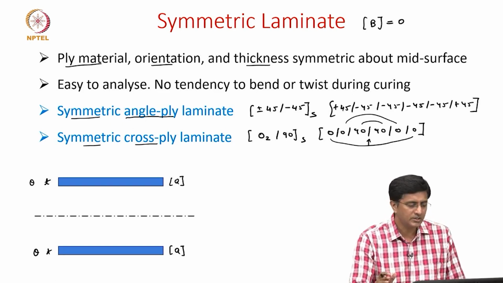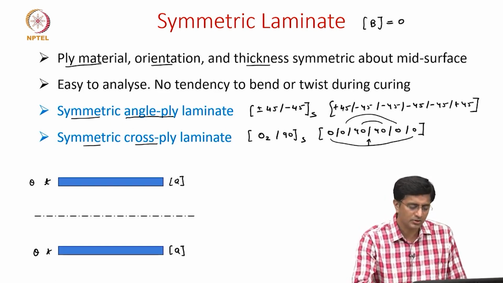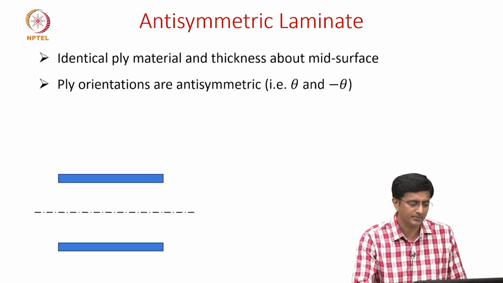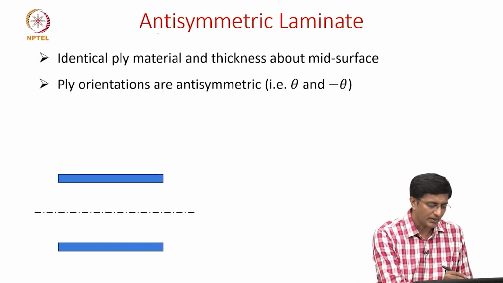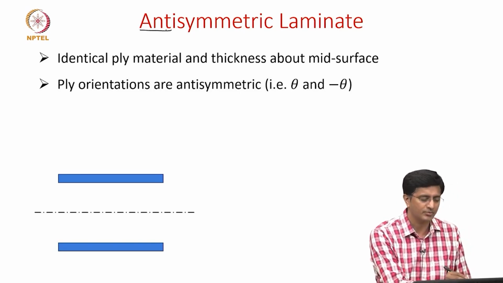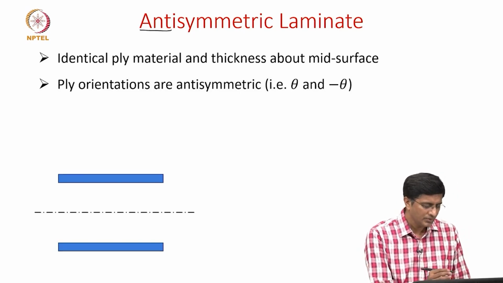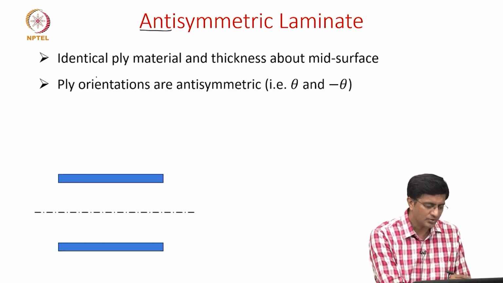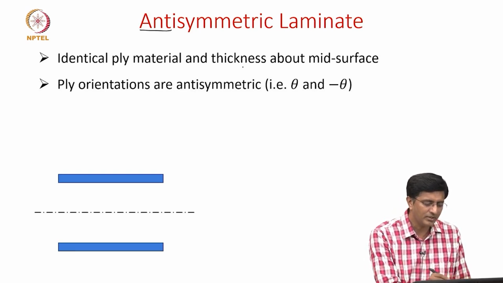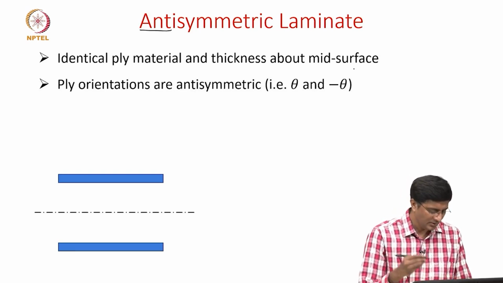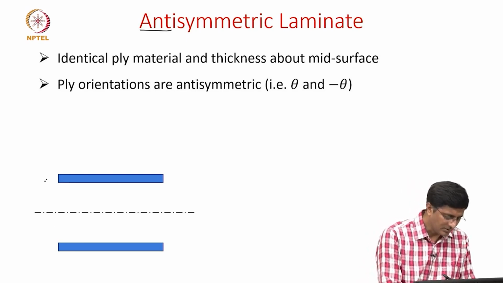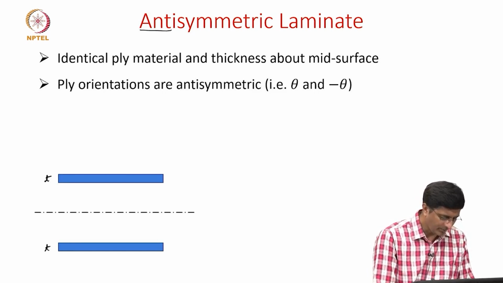Now that we have seen these symmetric laminates, let's also look at the anti-symmetric laminates, which are closely related. As the name says, it is not just symmetry, but there is an anti-symmetry. Let's see what it is. The definition is very close to a symmetric laminate, saying that it has identical ply material and thickness about the mid surface, meaning both of these will have the same thickness and they are made up of the same material.